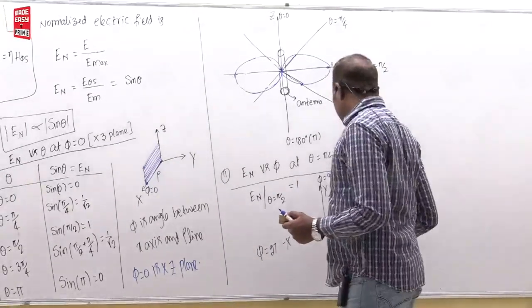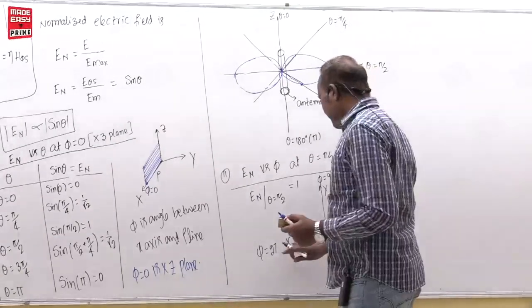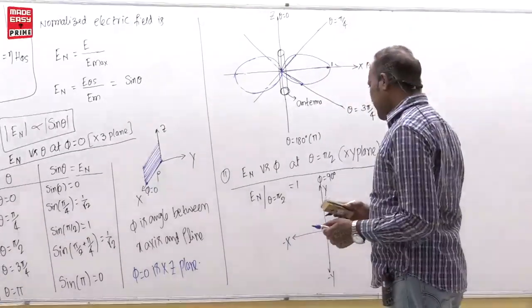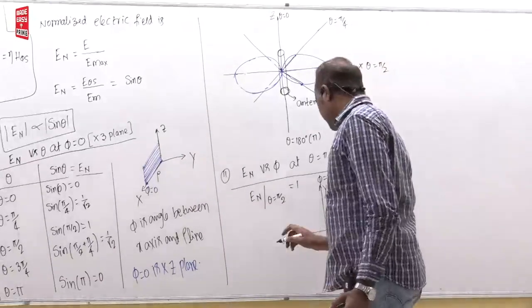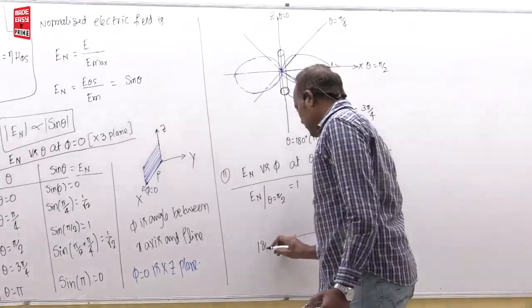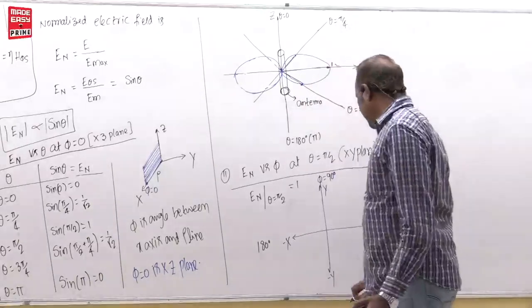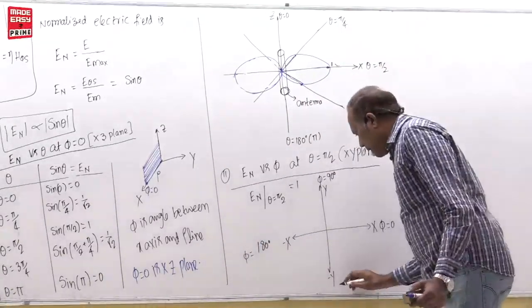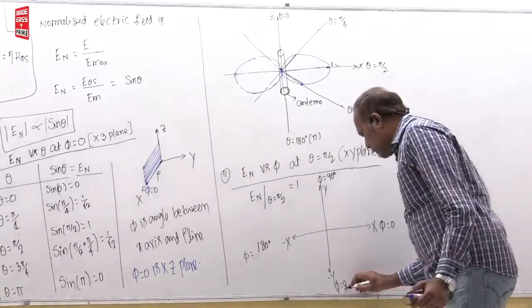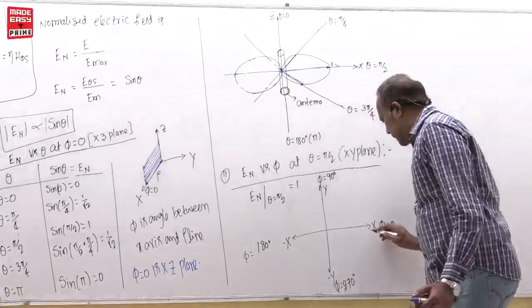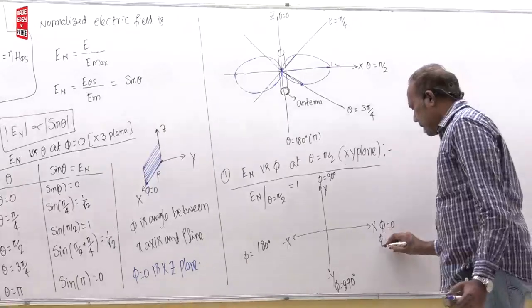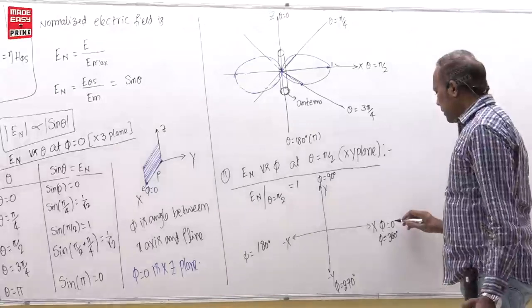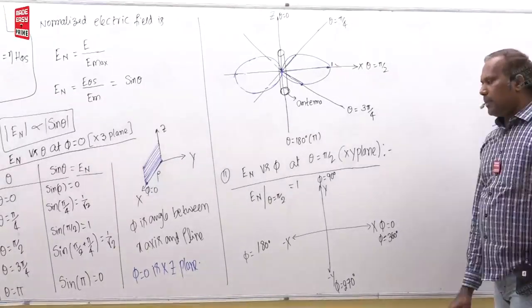So this is 0, 90, this one is 180, and again here the horizontal angle is 270, and again just near this the horizontal angle is 360. So 0 degrees and 360 degrees are both the same.